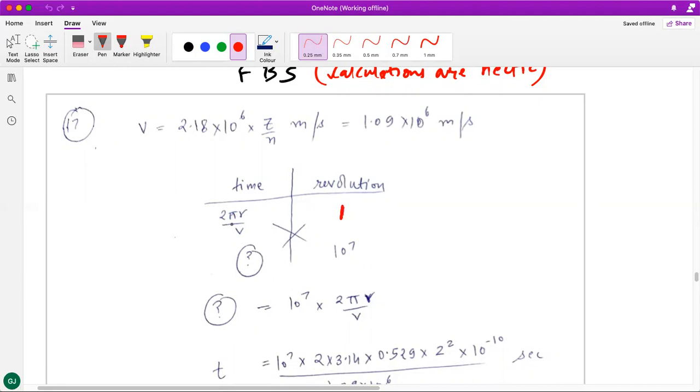That will be 2 pi r by v. It will be the distance traveled upon the speed. ठीक है, so यहाँ पर क्वेश्चन पूछ रहा है अगर 10 की पावर 7 रेवोल्यूशंस करने हैं तो कितना टाइम लगेगा. You did a simple unitary method and got the formula.